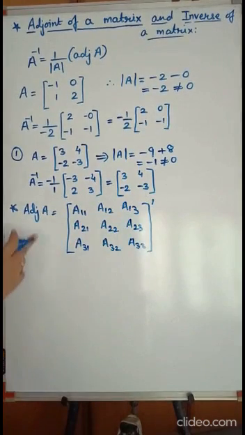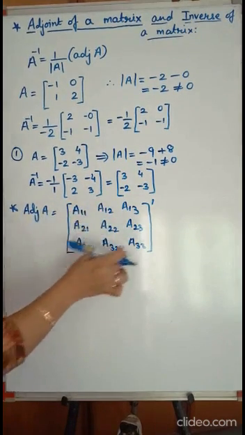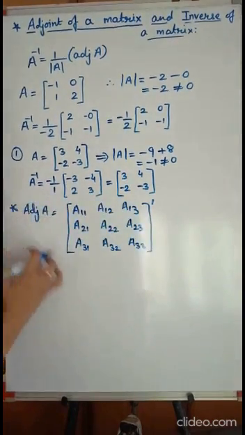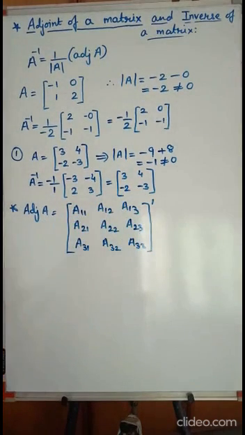This is adjoint of A. Okay. So what are these? These are the cofactors. Now suppose if I don't want to write all this, we can do it directly also.